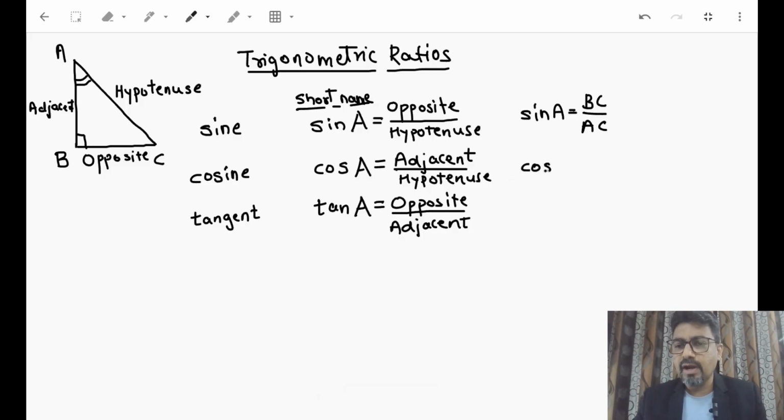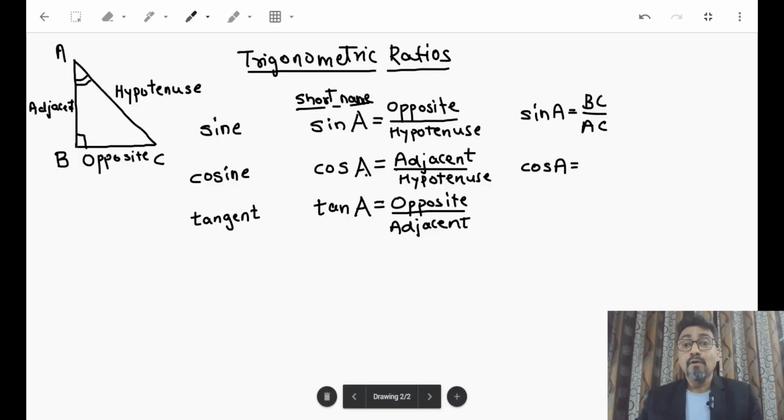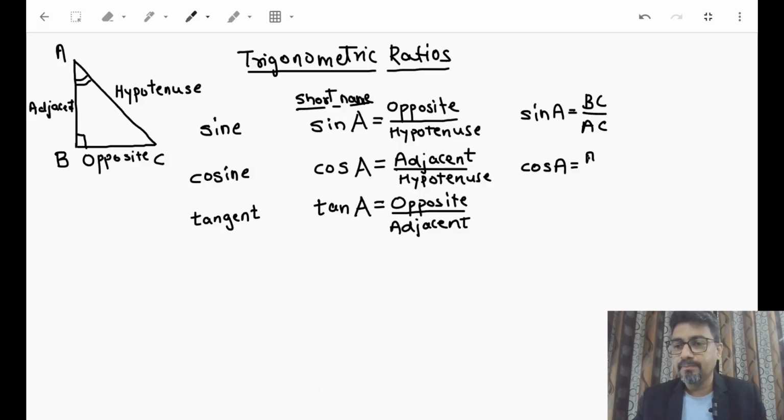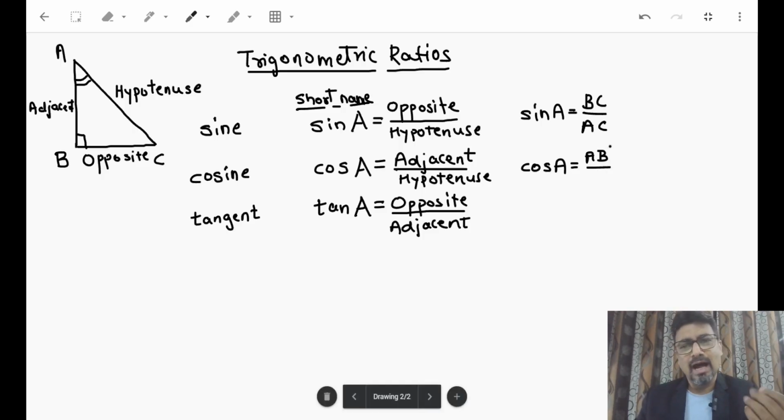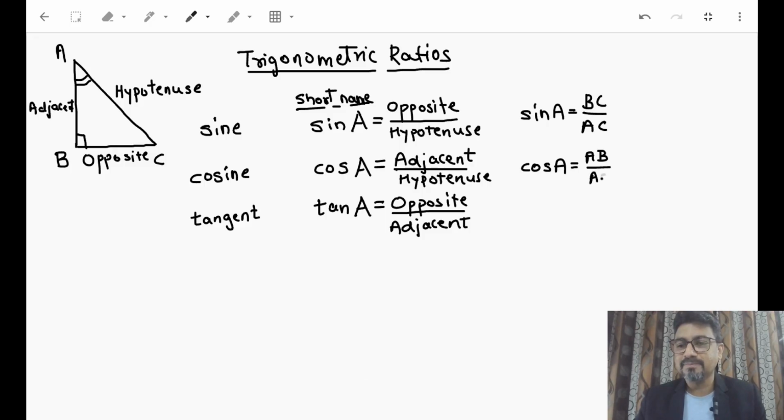Cos is defined as adjacent side upon hypotenuse. For angle A, what is the adjacent side? The adjacent side is AB. So adjacent will be AB, and hypotenuse, irrespective of the angle, for this triangle is always AC.